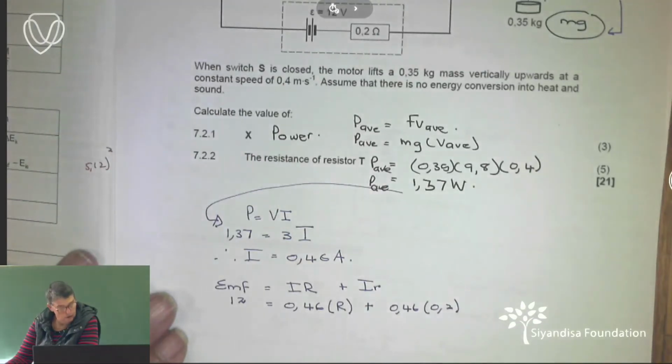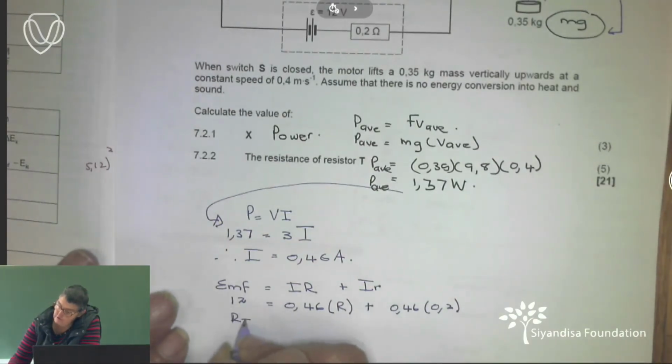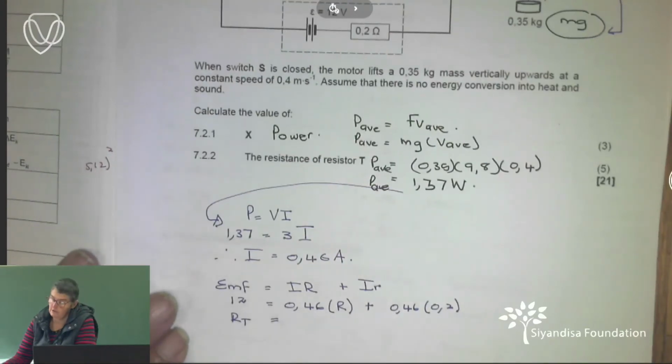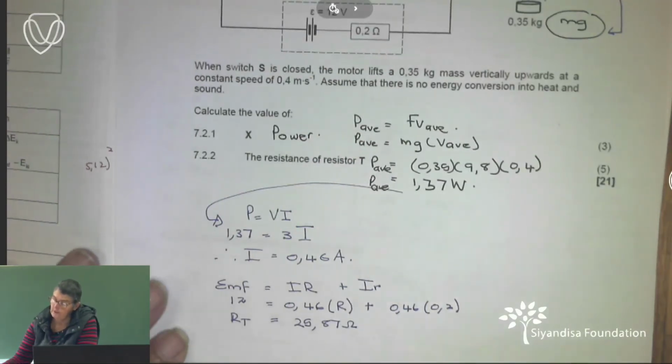So now what is going to happen? I can now work out my total resistance. And my total resistance over here should work out to 25.87. Let's just check.